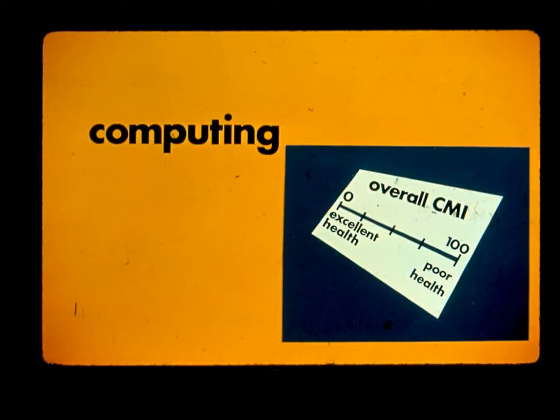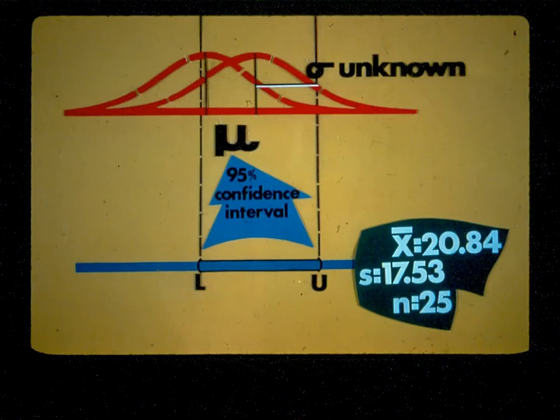Now let's return to our earlier confidence interval problem using health status data as measured by the CMI score. We will apply the t-distribution and its tables to come up with an estimate of the population mean when the population standard deviation sigma is unknown. For the CMI example, our question concerned finding a 95% confidence interval for the mean CMI score of the population of heads of households in a certain community.